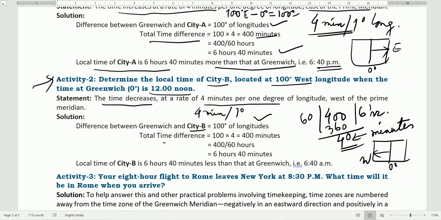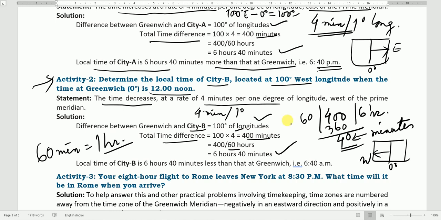Then the total time difference, 100 multiplied by 4, is 400 minutes. After that we divide it by 60, because we have 60 minutes in an hour. And after that we have got 6 hours 40 minutes.